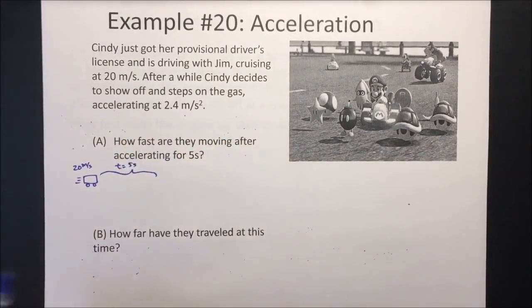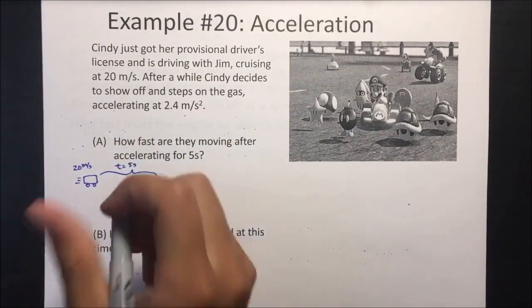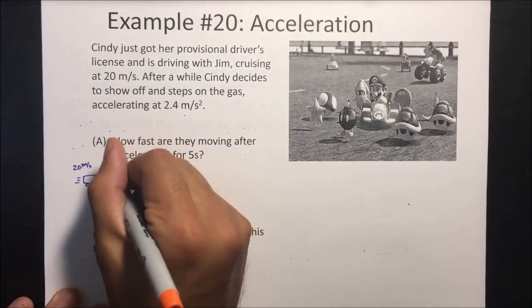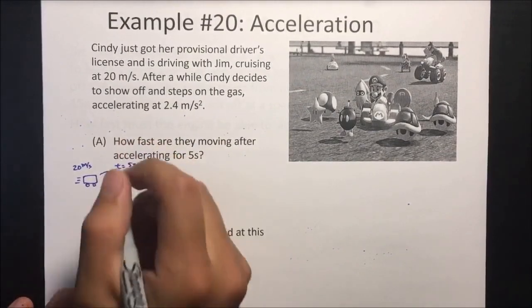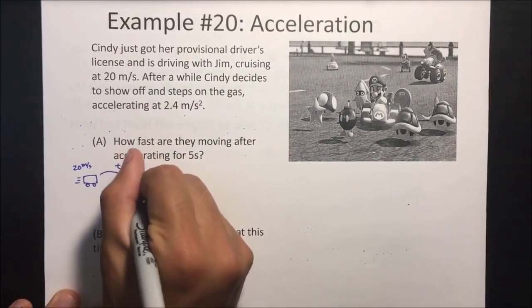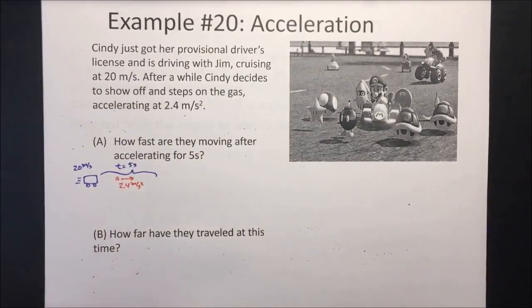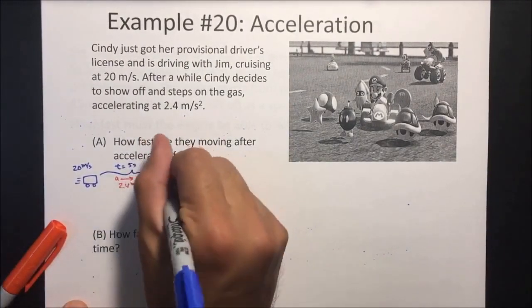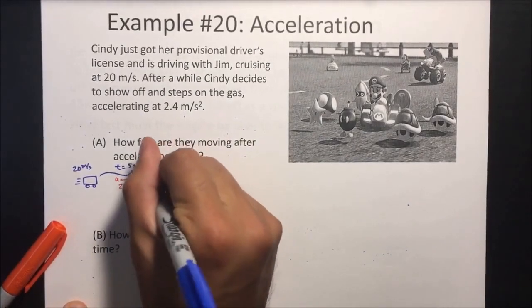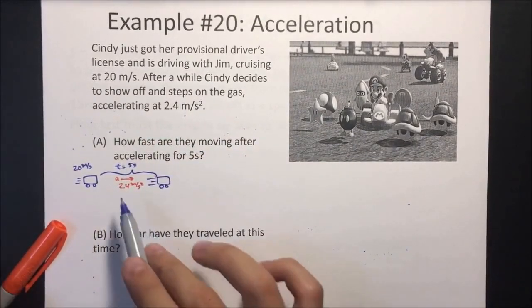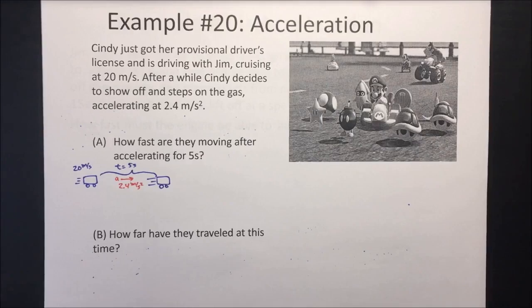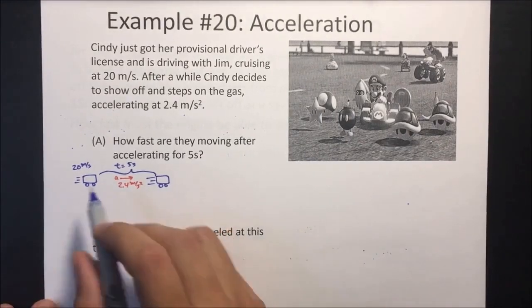Let me do it in orange, I guess. She's accelerating, going faster at 2.4 meters per second squared. And what we want to know is, how fast is this car going after that acceleration for 5 seconds? So we want to write down what we know.